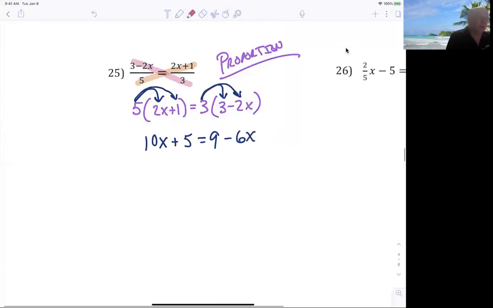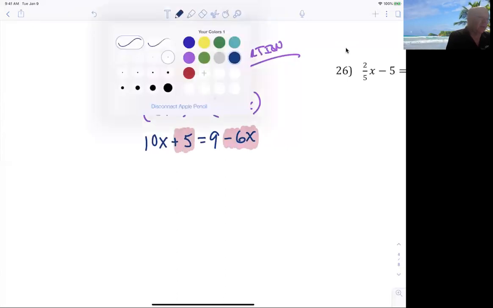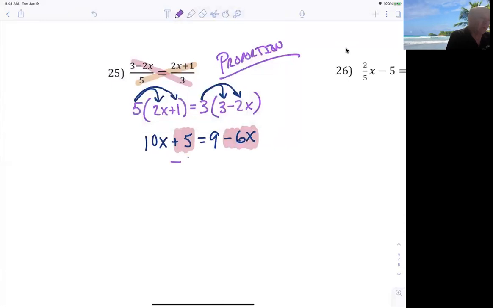Again, we're back to variables on the left, numbers on the right. I've got to move negative 6x, I have to move positive 5. So to do that, I'm going to do minus 5, positive 6x. Now we're going to look at that carefully. We get 16x is equal to 4.